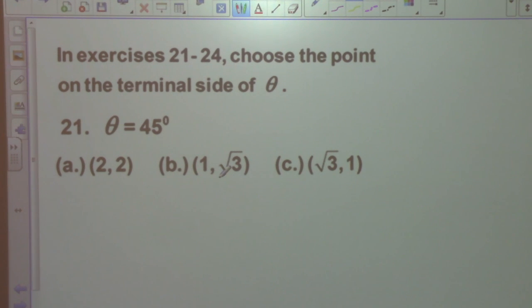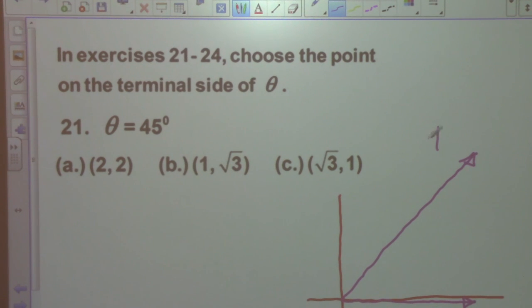This gets back to terminal side. So what this tells you is you have an angle right here in what they call standard position. And so this is your initial side right over here. That's your initial side I just drew out in purple. And over here is what we call our terminal side.